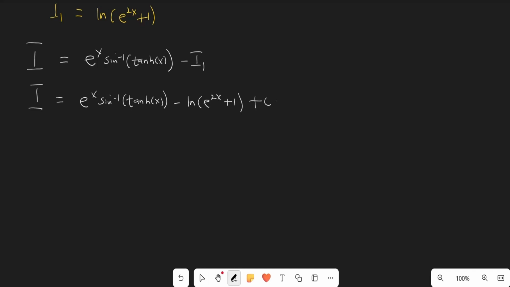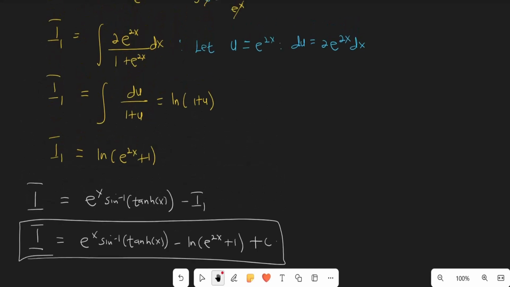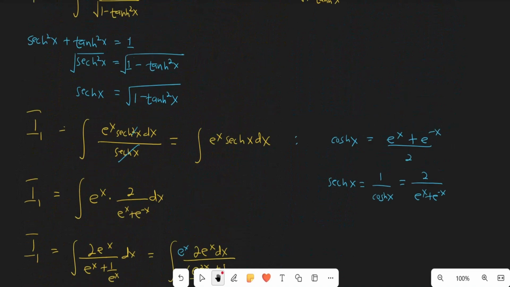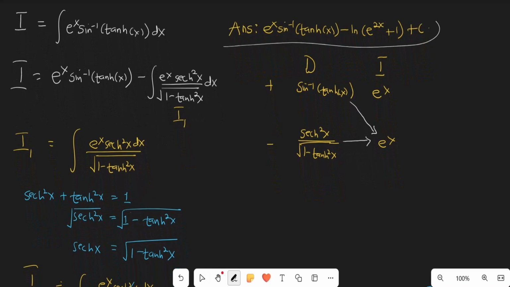We are done. We can put the constant of integration, and this one conforms with the answer that I gave in the beginning of the video, and that agrees with the answer that MIT gave for this integral. So that is exactly equal to this answer I provided in the beginning of the video.